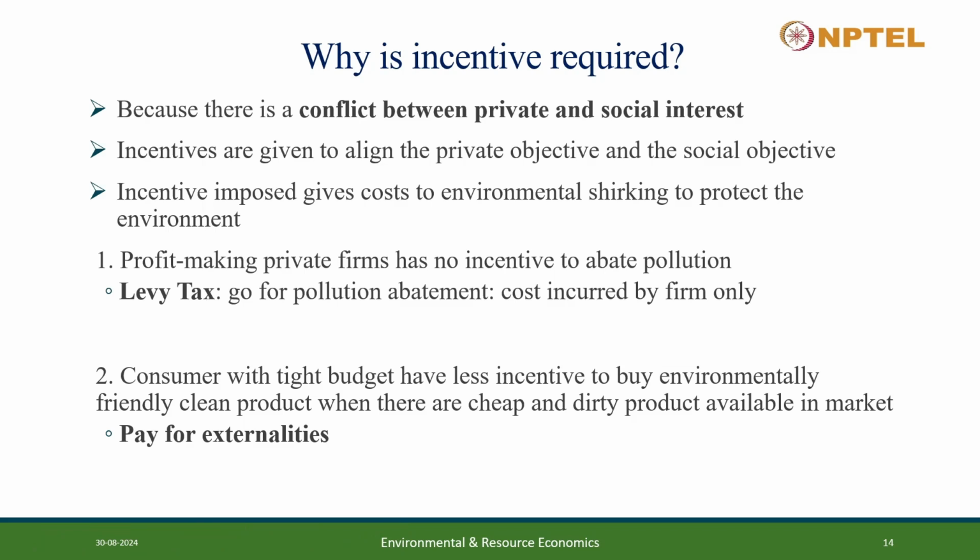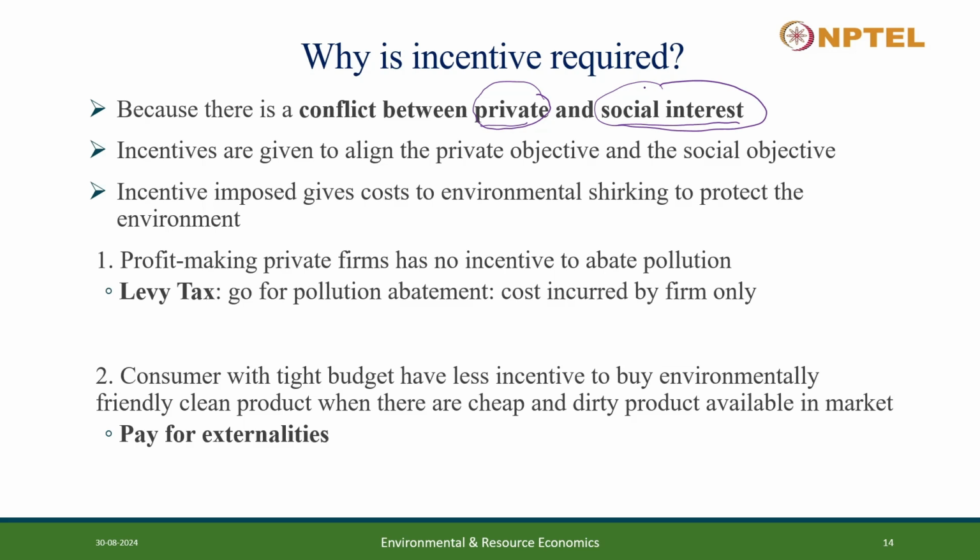Okay, so the question is, why is incentive required? Incentive is required because there is conflict between private and social interest. When there is no externality, then the maximization of private welfare will maximize the social welfare.